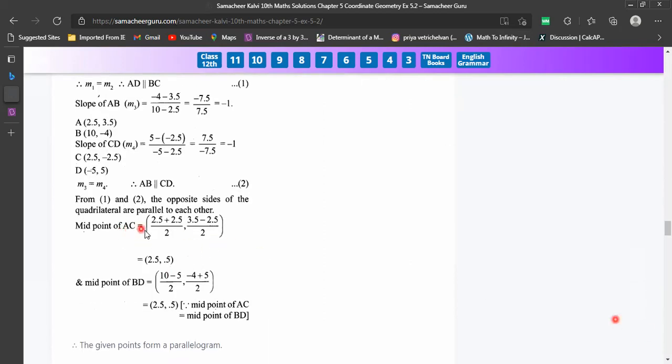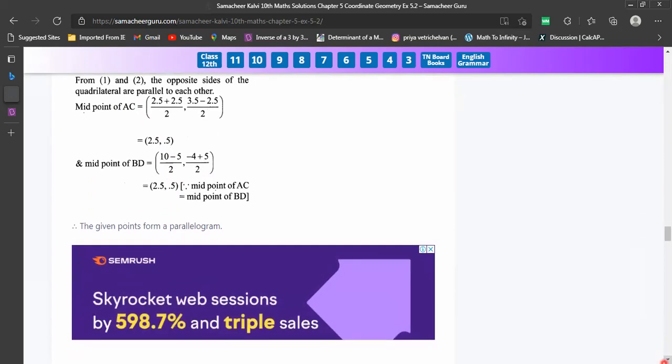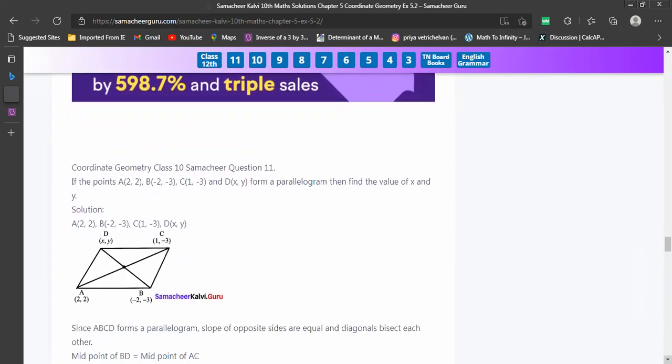So midpoint of AC is 2.5, comma 0.5. Similarly, use the same formula for calculating the midpoint of the diagonal line BD. So you are getting 2.5, comma 0.5. So both the midpoints are equal. From that we can say the given points create a parallelogram. I hope it is clear.